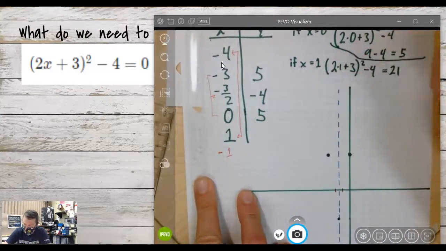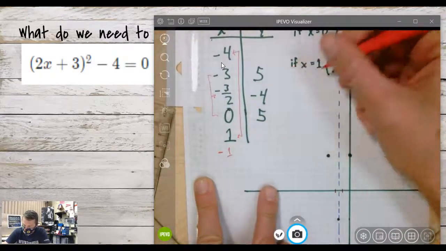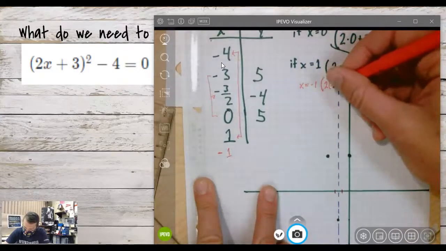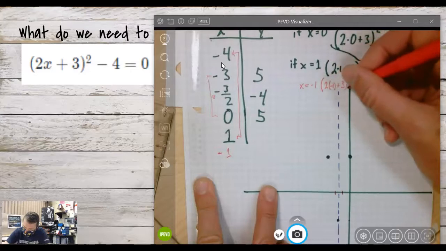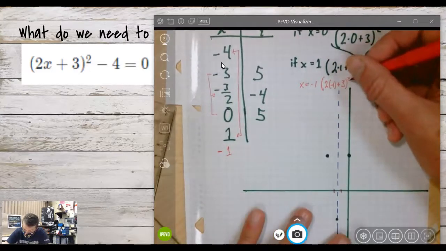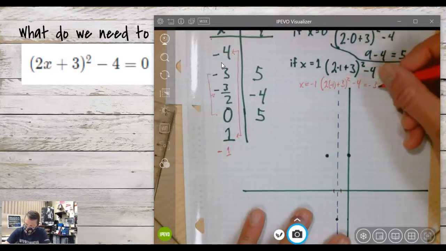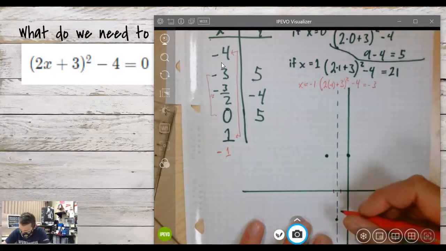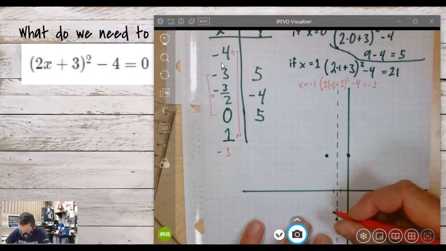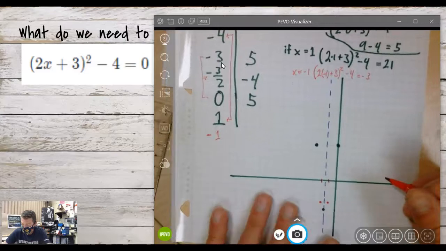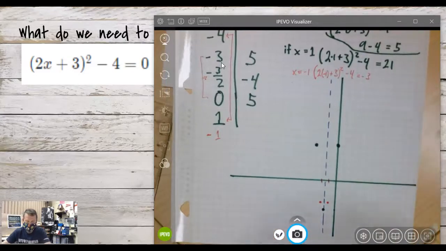If we use -1, okay, so if x was -1, 2 times -1, -2 plus 3 is 1, squared is 1, minus 4, 1 minus 4 is -3. So that tells us that these points exist really close to there. So now we have 5 points, and we always say that we need 5 points.